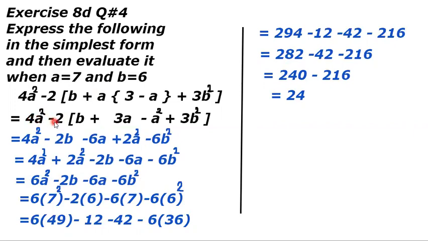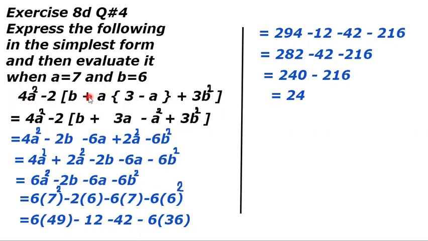4A square minus square bracket B plus, up till this, all the terms are copied down in this step. Now 3A, we will remove this braces and A will be multiplied by 3 and it will become 3A.